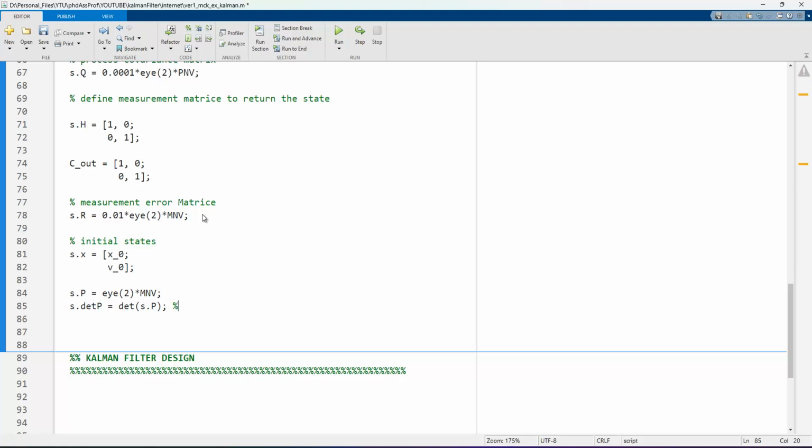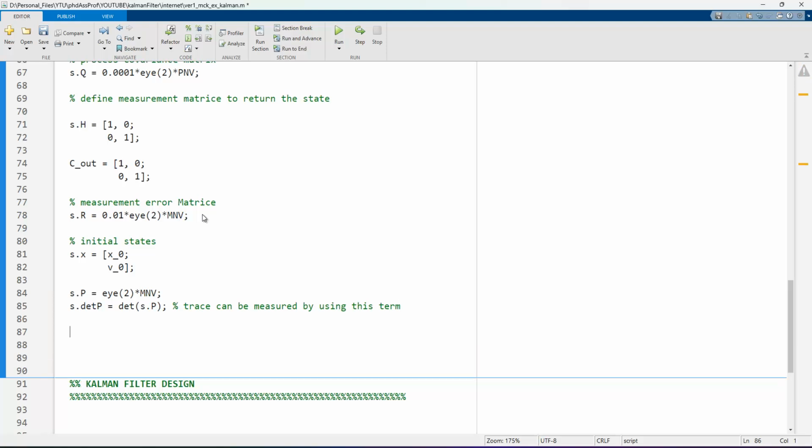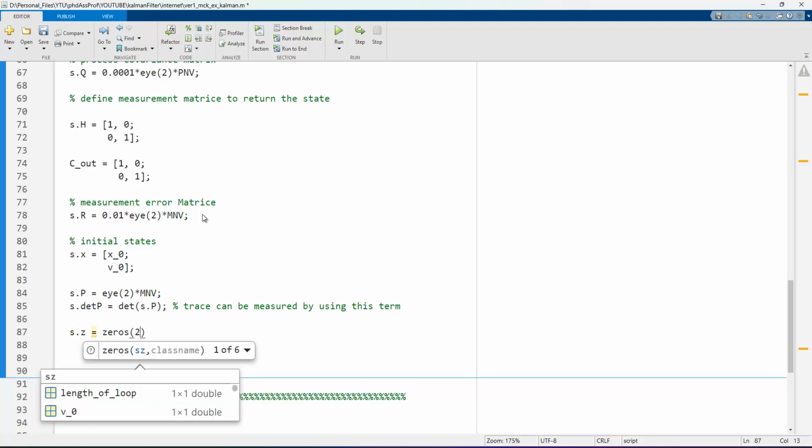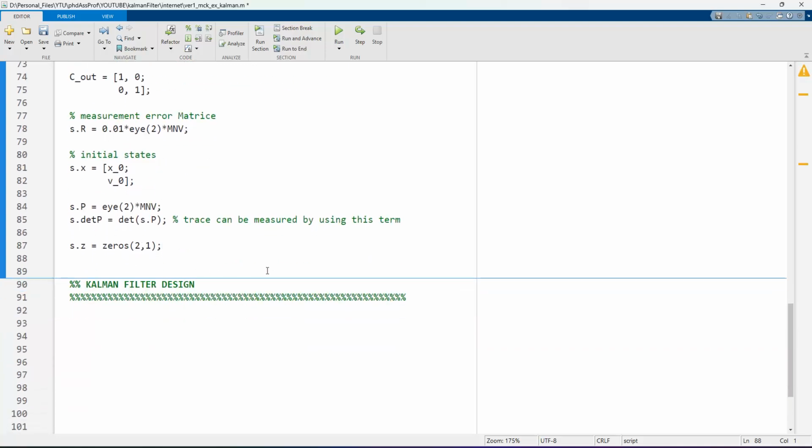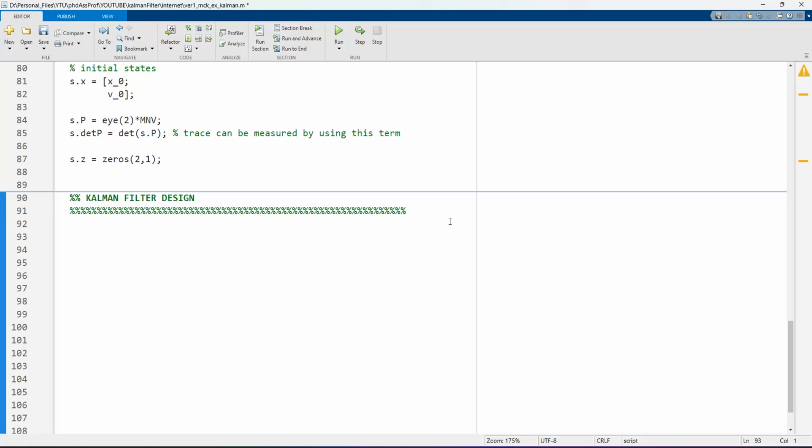Okay, and so trace can be measured by using this term. If the determinant is going to 0, it means that the diagonal element is going to 0 as well in here. And also z, the observation values, is initialized with 0, 2, 1. Okay. So these are the Kalman system.